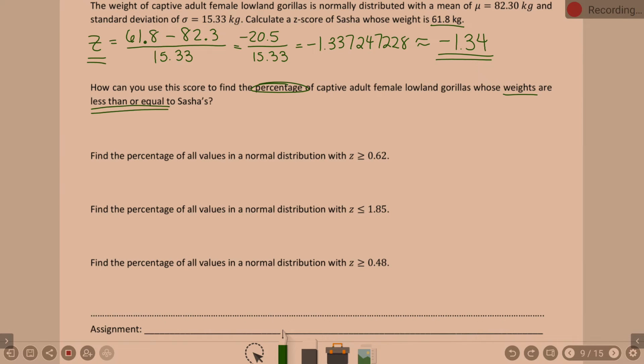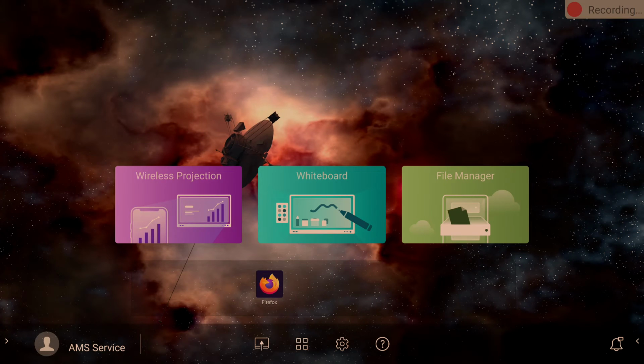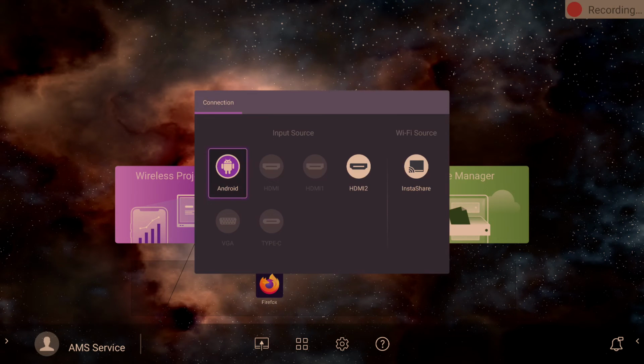Do we need the chart thing? You need Excel again. Yeah.